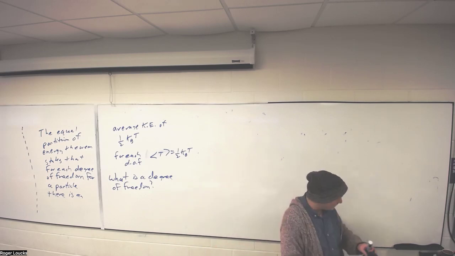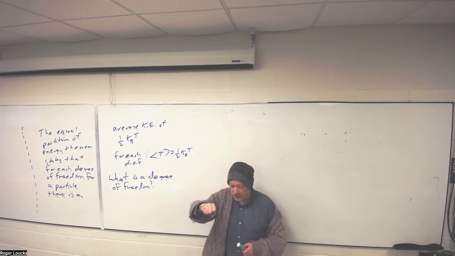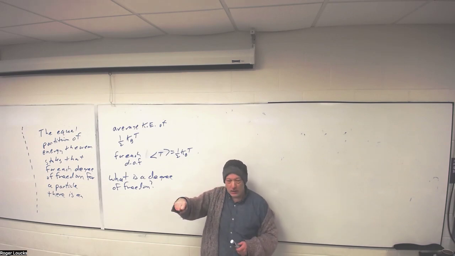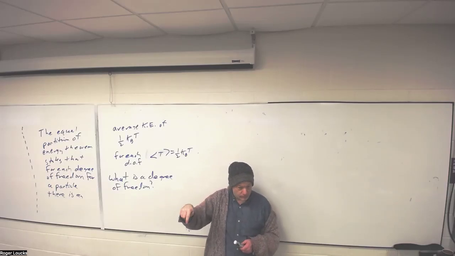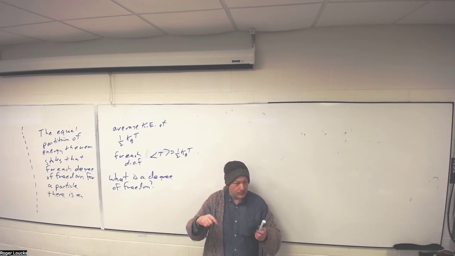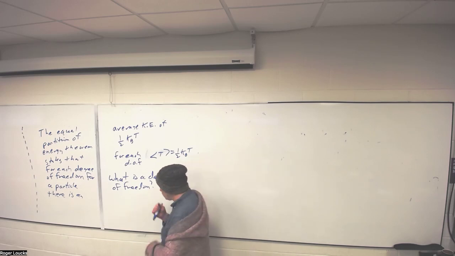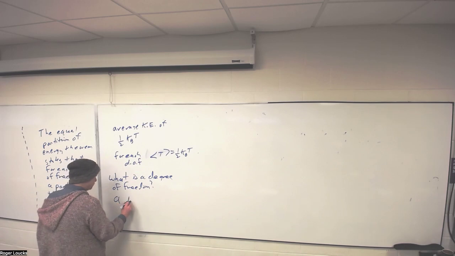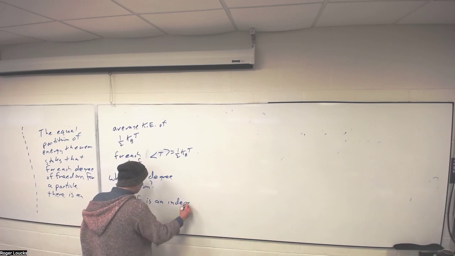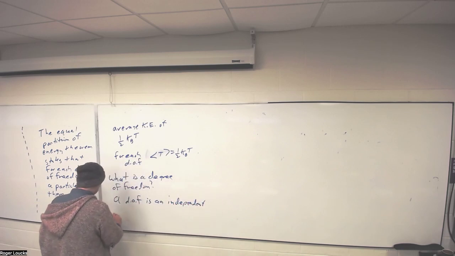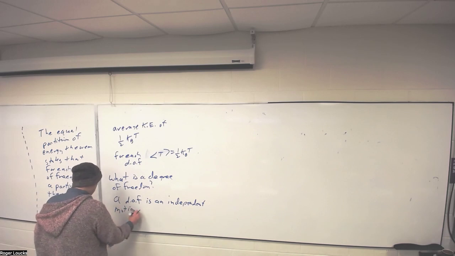Okay, so what's a degree of freedom? Let's say I have one particle, my fist is going to be one particle. How many ways can this particle move? It can move this way, and then up. There are 3 independent ways that this can move. So a degree of freedom is an independent motion of a particle, and the number of degrees of freedom is the number of independent ways that the particle can move.